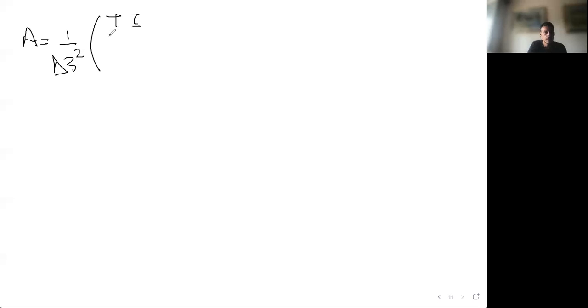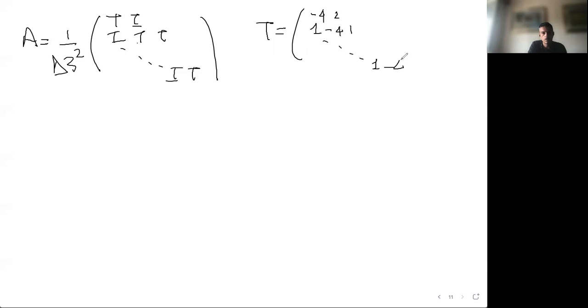So we have T, identity. I'm going to define the matrix T as a tridiagonal matrix with entries minus 4, 1, 1, minus 4, 1, and so on.